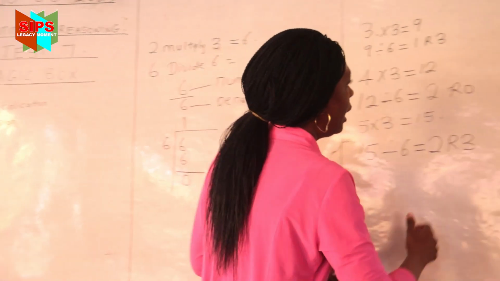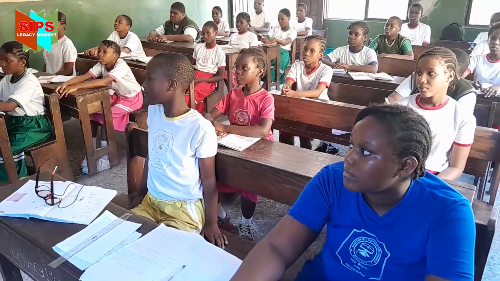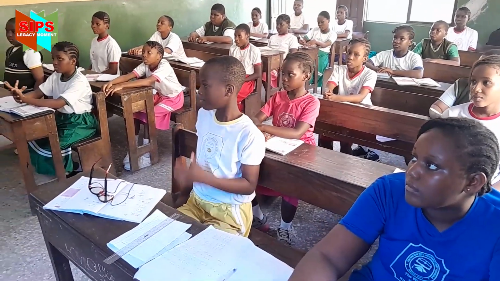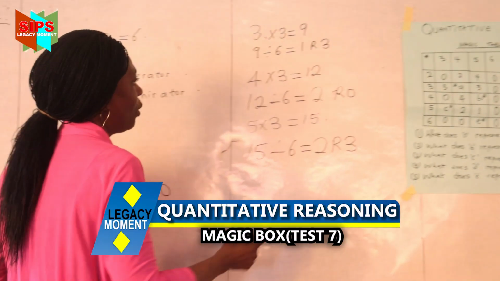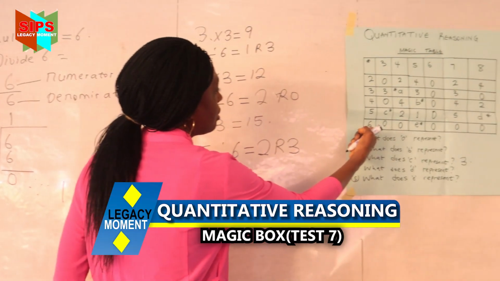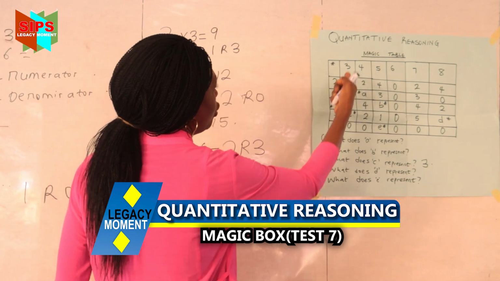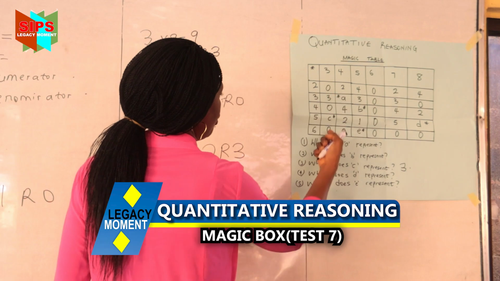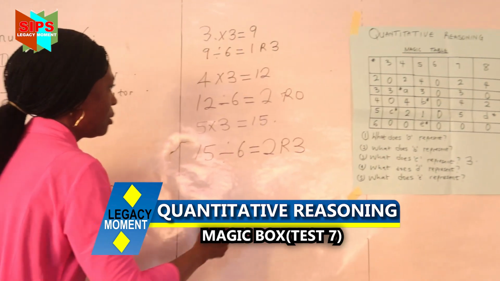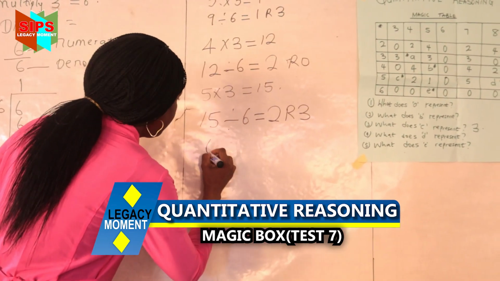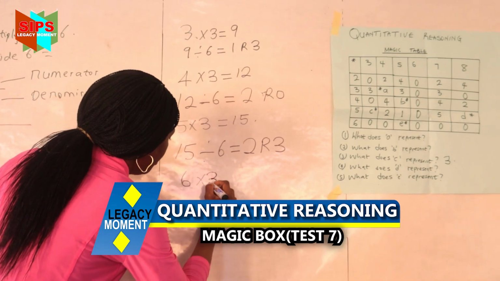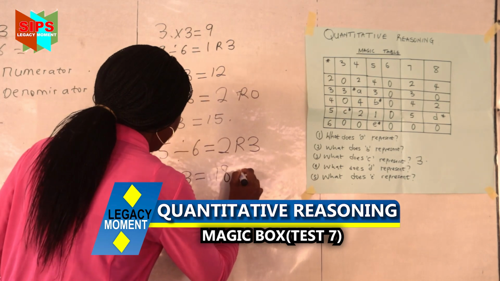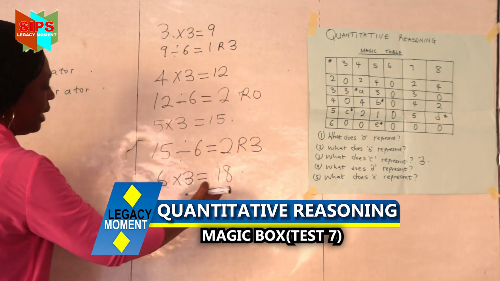Yes. So now that we are done with this letter C, let us see how they discover this 0, which is also 0. So which means we are also using this 6 row to multiply the number 3 in the first column to get the answer here. So let's go on. 6 multiplied by 3 will give us what? 18.